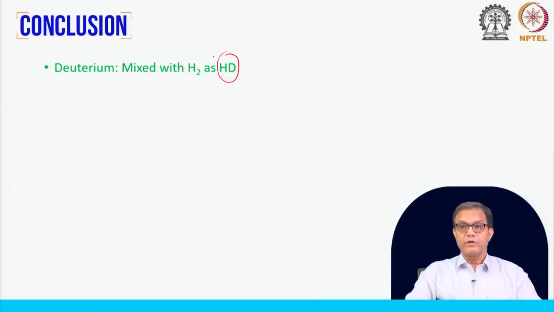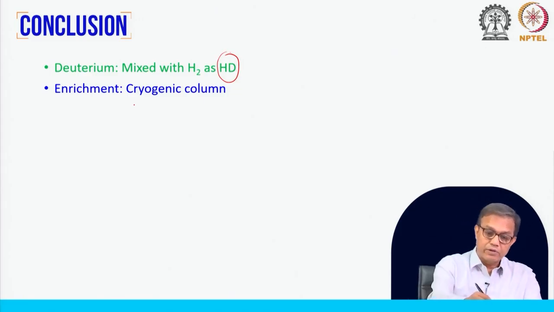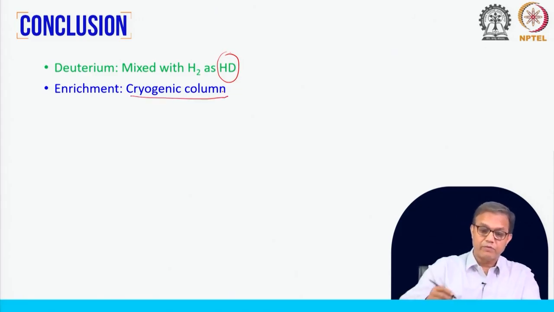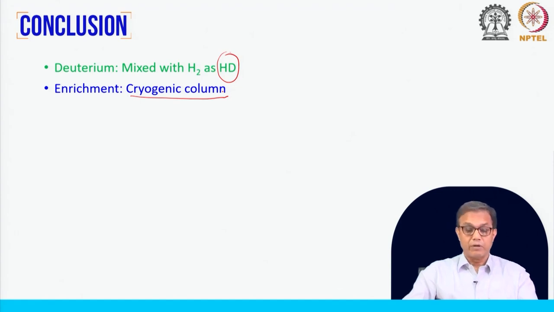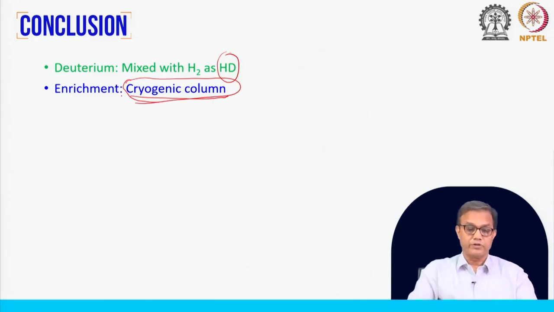To separate this deuterium, we need a considerable amount of hydrogen deuteride in the mixture, and that can be done using a cryogenic distillation column, one of the most commonly employed techniques.